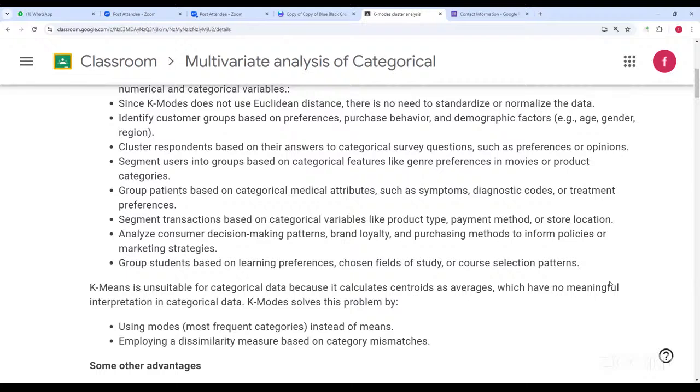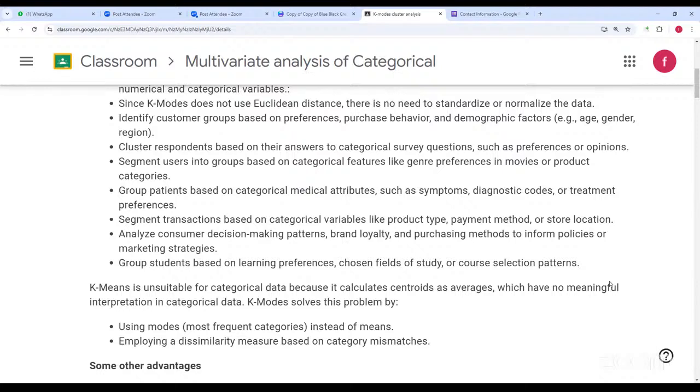Identify customer groups based on preferences, purchase behavior, and demographic factors, namely age, gender, region. Cluster respondents based on their answers to categorical survey questions, such as preferences or opinions. Segment users into groups based on categorical features like genre preferences in movies and product categories.